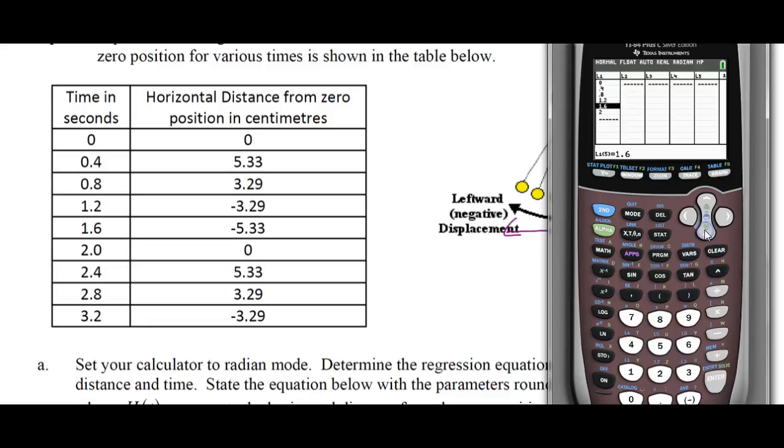Okay, 2.4, 2.8, 3.2, not 32, 3.2. So watch out. Sometimes you skip a value, so it's really good practice to track. Then arrow over to the right, you'll go to L2, and put in your L2 values.